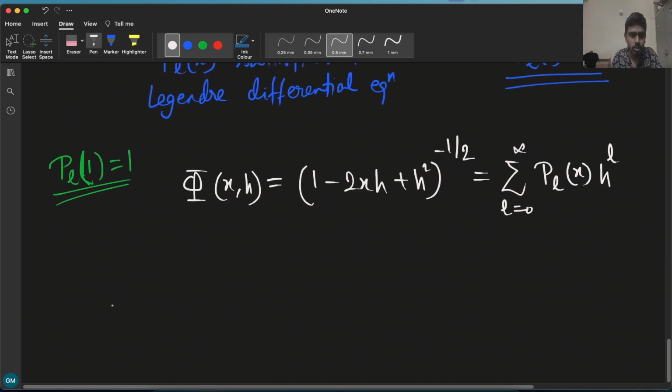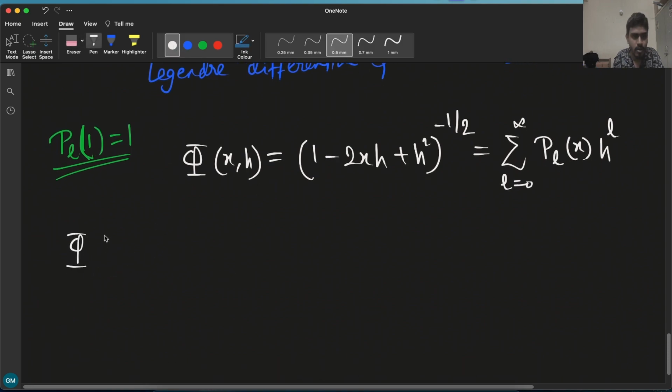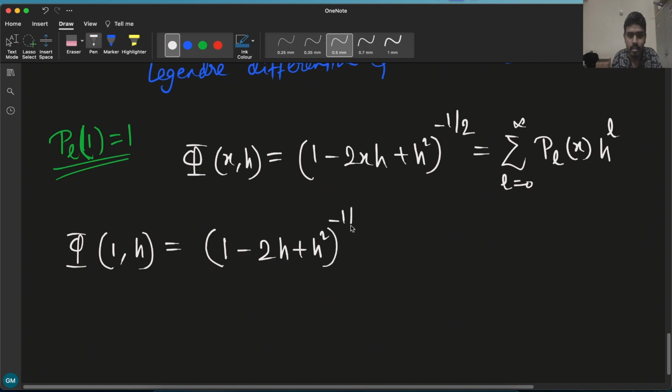Now I can write phi(1,h), so instead of x I'm writing 1, and in that case it will be 1 minus 2h plus h square whole to the power minus half.